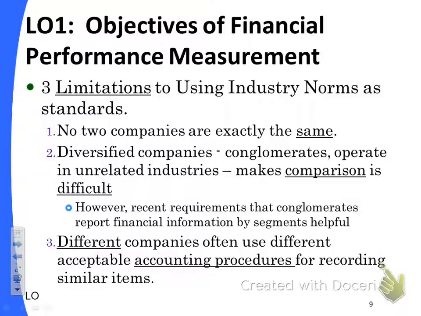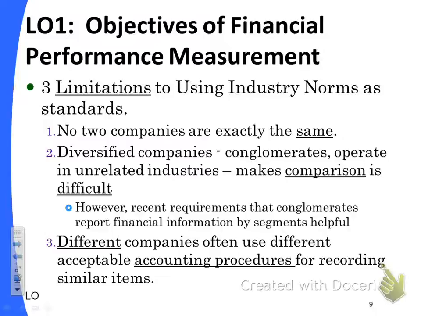The last thing, which is kind of important, is different companies use different acceptable accounting practices. Okay? So when you're evaluating companies, and we'll get into this in later chapters, they may not necessarily compare 100% to other competitors if they use different acceptable accounting practices between them.